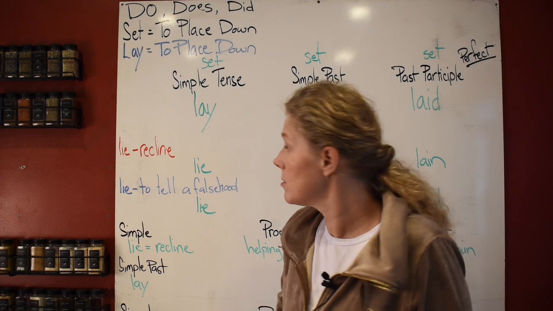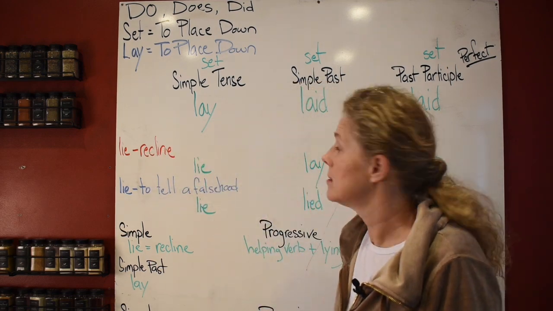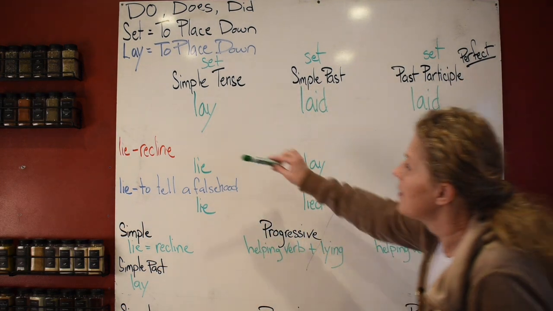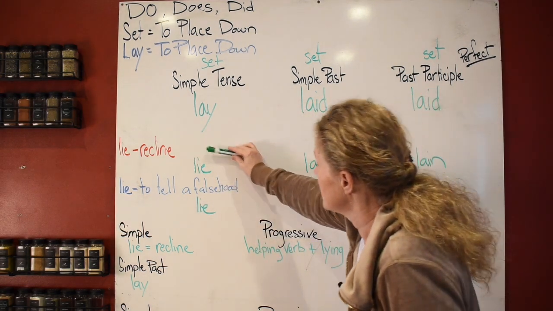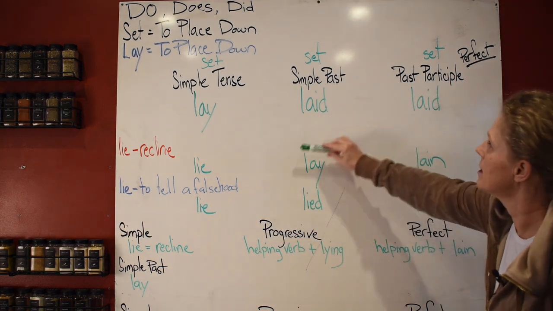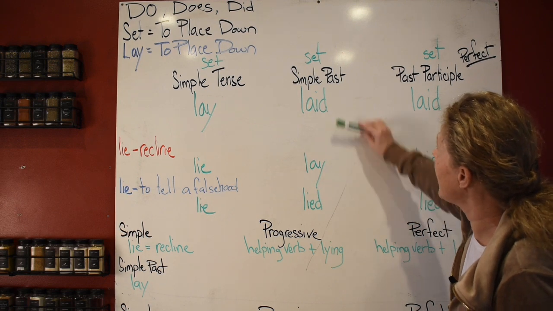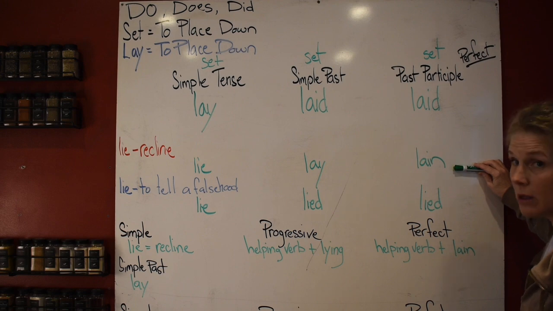This is a homophone. Different meanings, right? But this is where you can get really confused. This lie, to recline, is spelled like here, but look, these are irregular verbs. You spell lay as the simple past and lain as the past participle.